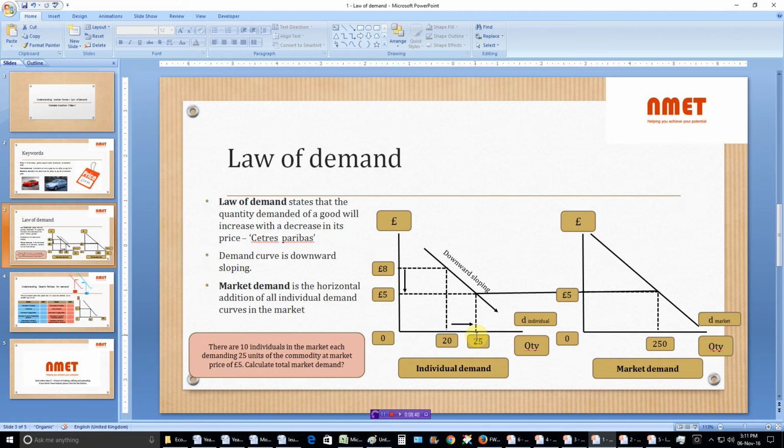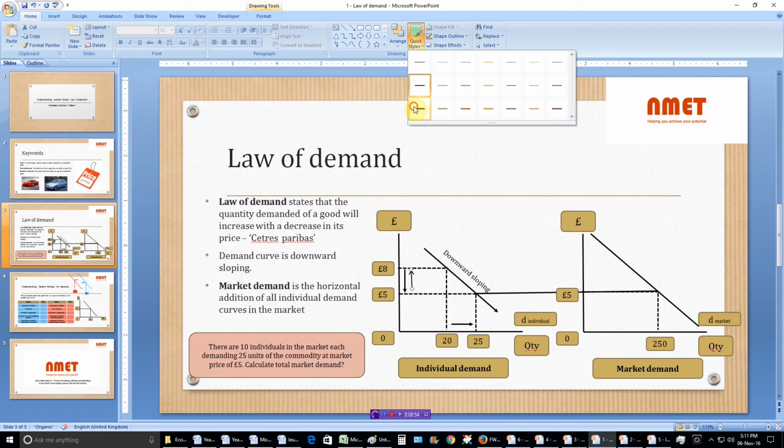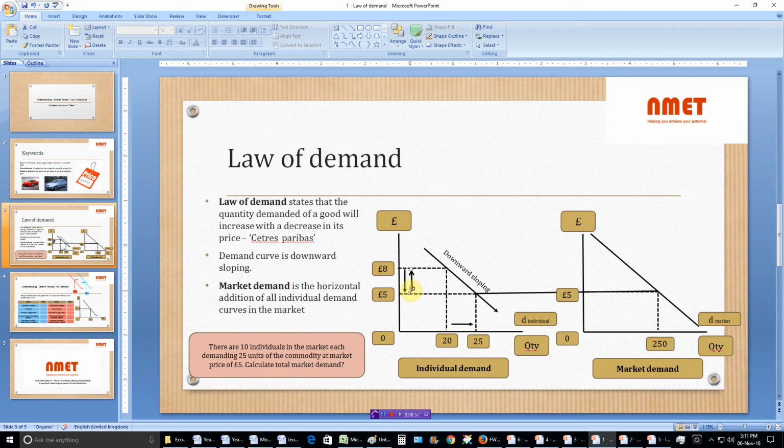Or the other way around, if the price goes up from £5 to £8, then quantity demanded will actually decrease from 25 units to 20 units. So when the price changes, we are moving up and down on the demand curve.